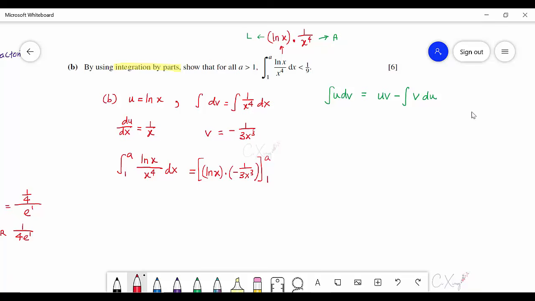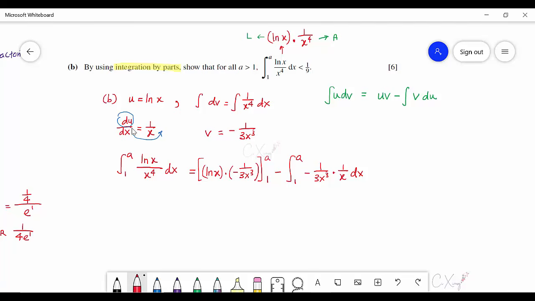Then minus the integral of v du. My v is negative 1 over 3x power 3 multiplied with du. To get the du, you bring the dx up, and therefore you are having 1 over x dx.